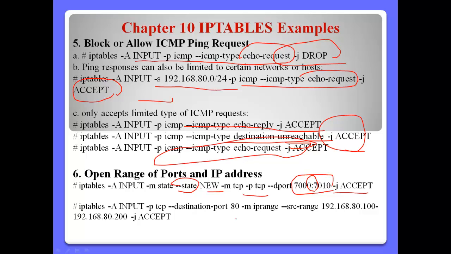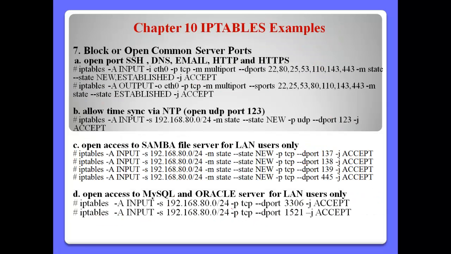The next one, Iptables -A input, TCP destination port 80 web server, and match IP range, source address range 192.168.100 to 200, will be accepted. In this case, if we want to configure the source address range, we can use a hyphen like this.